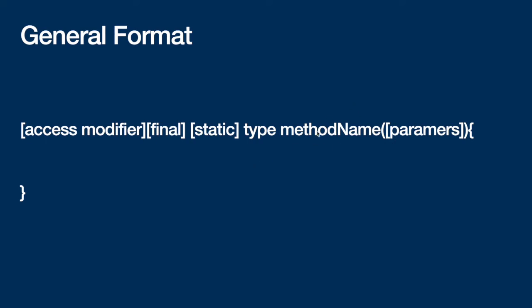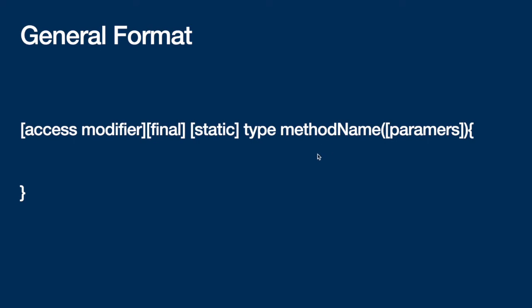Then we write the method name. The recommendation in Java is based on conventions: the first letter of the method name is small. Then, if we use multiple words in the method name, the first letter of every word after the first word will be capital. You can make it small, you can make it capital, whatever you like, but that's a convention.